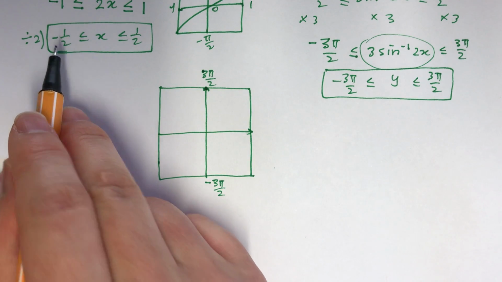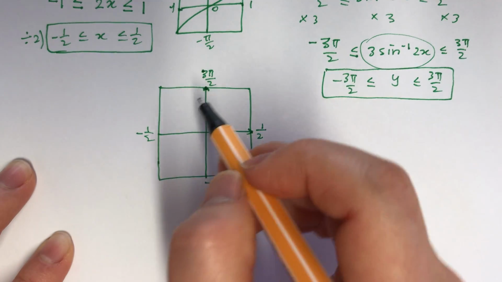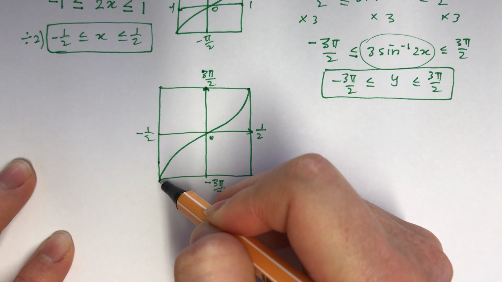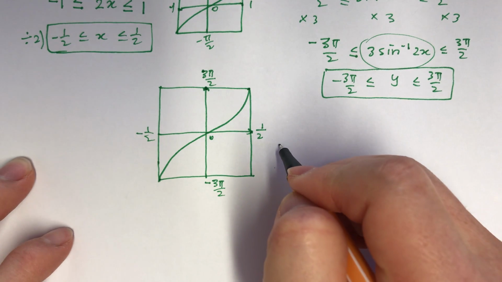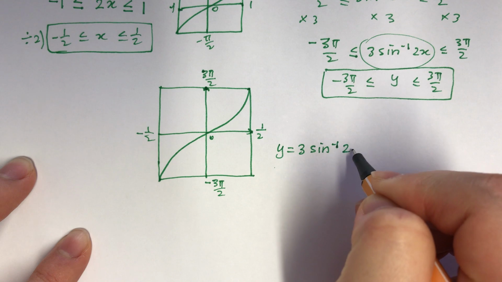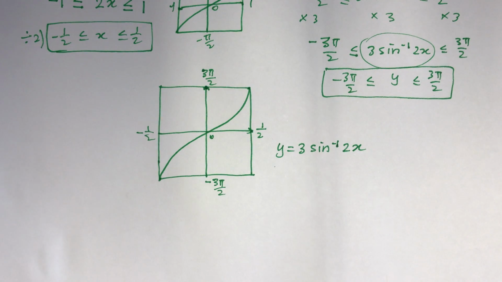My domain will be minus half, half, and then that's 0. I'm going to go like that. Okay, so that's my graph for y equals 3 inverse sine 2x. So that wasn't too bad.